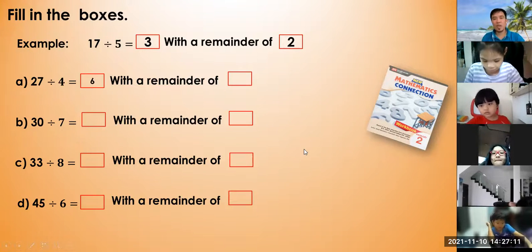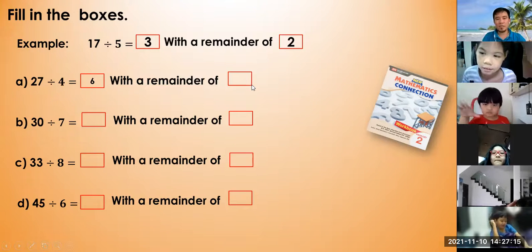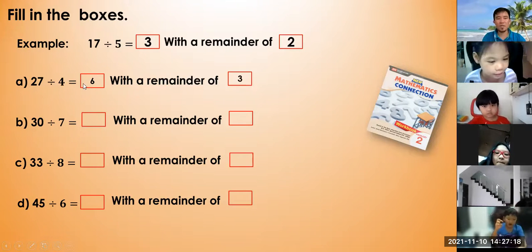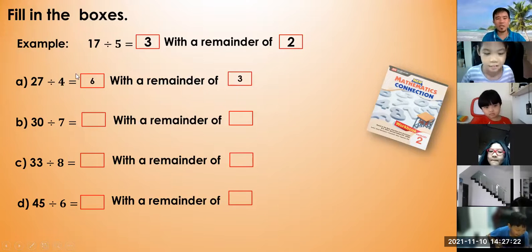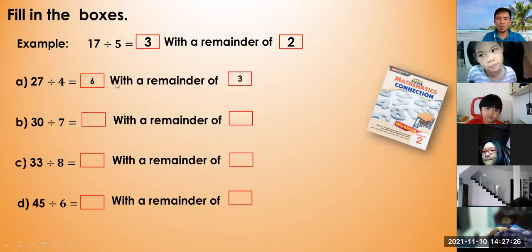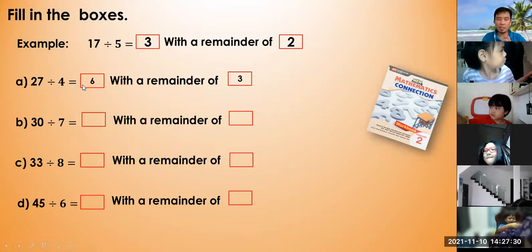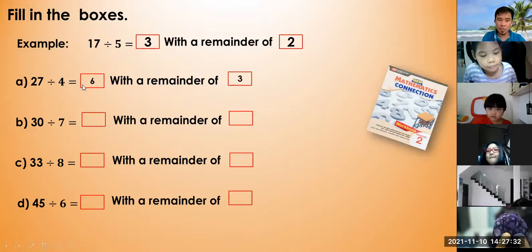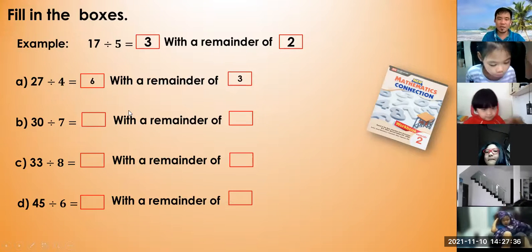Can you tell us the remainder here, letter A? 3. Very good, 3. Because 4 times 6 is 24, and 24 plus 3 is equal to 27. So you can find a number that can multiply to get nearly 27, and then just add, and it will become the correct answer.